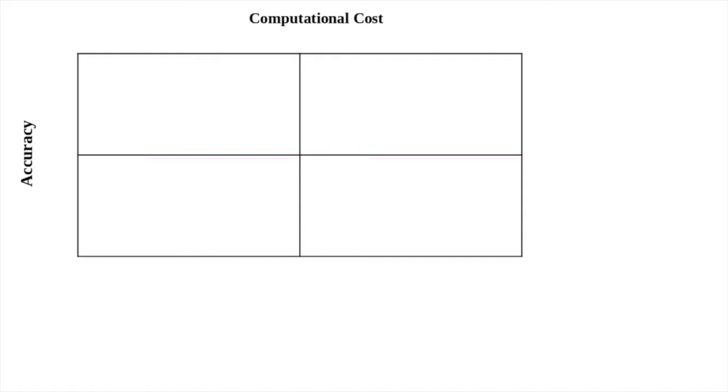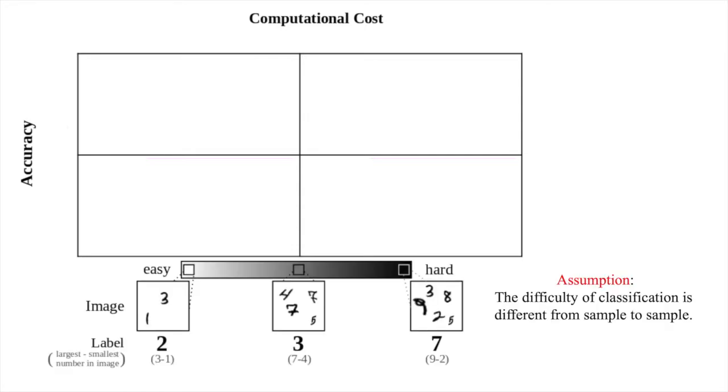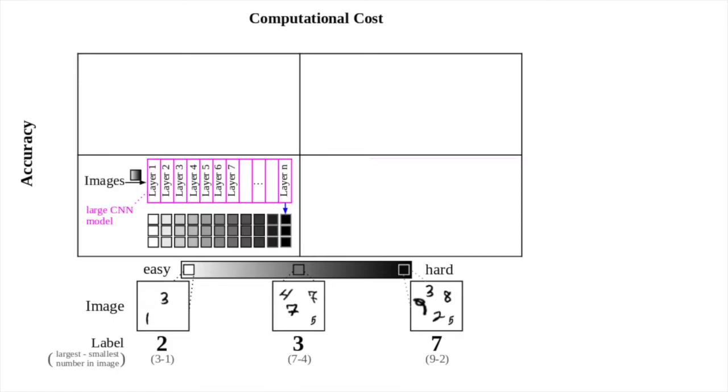So how can dynamic inference save the computational cost while keeping the accuracy? Dynamic inference is based on the assumption that the difficulty of classification differs from sample to sample. The traditional CNN uses all its layers to predict every sample in the dataset.